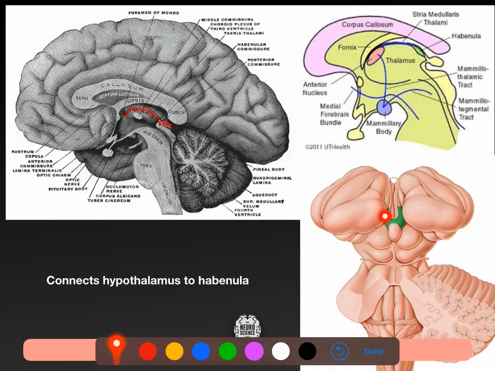So if we have a projection anteriorly here, we've sort of said here's the pineal body, here's the habenula, and then the stria medullaris sits on top of the thalamus here and connects it to the anterior nucleus of the thalamus. So it runs from here all the way to here.